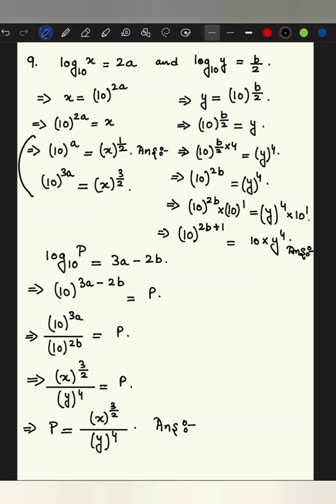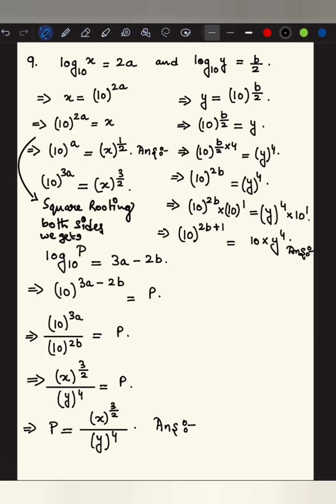What we have done here is square rooting both sides. This is what we have done. So 10 to the power a becomes x to the power half.